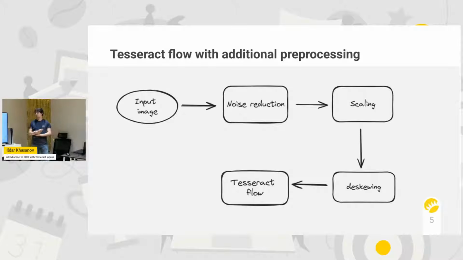Okay, no matter. So with advanced flow, we will do some pre-processing, and the first three parts are where we would use OpenCV. OpenCV is widely used for noise reduction.